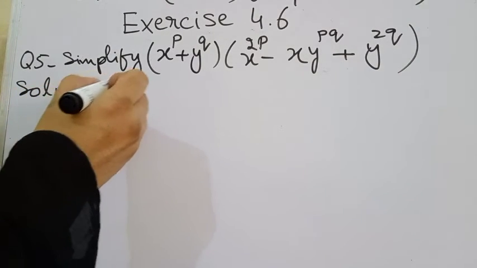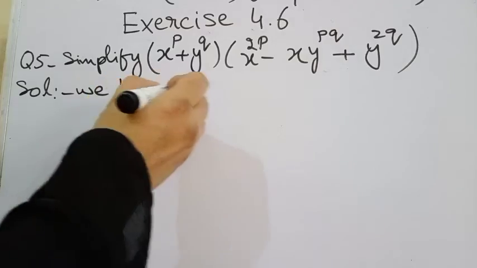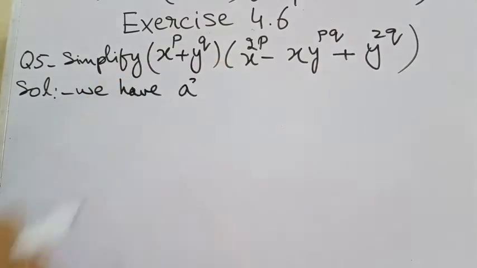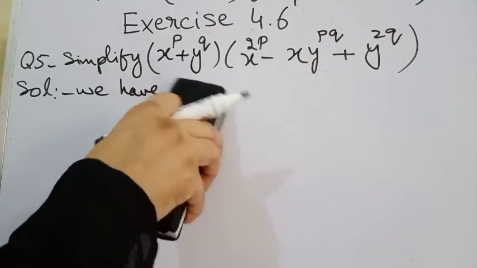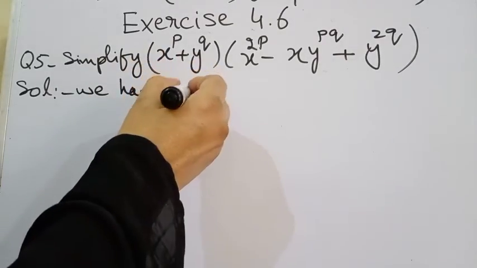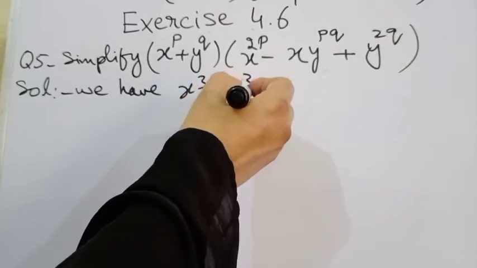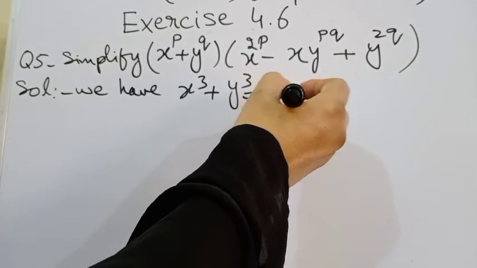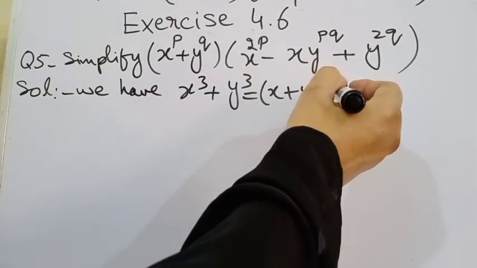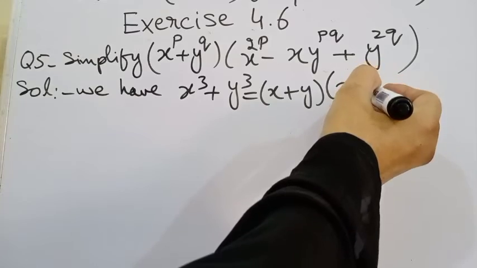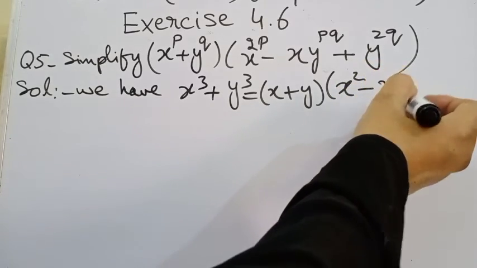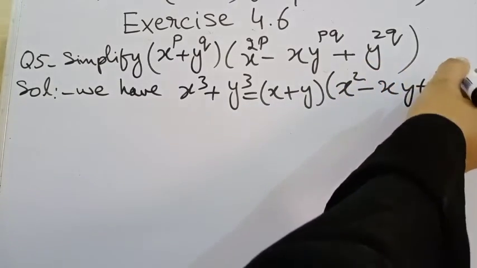We write this formula here. We have the formula a cube, we convert a into x, x cube plus y cube, this is equal to x plus y, and x square minus xy plus y square.